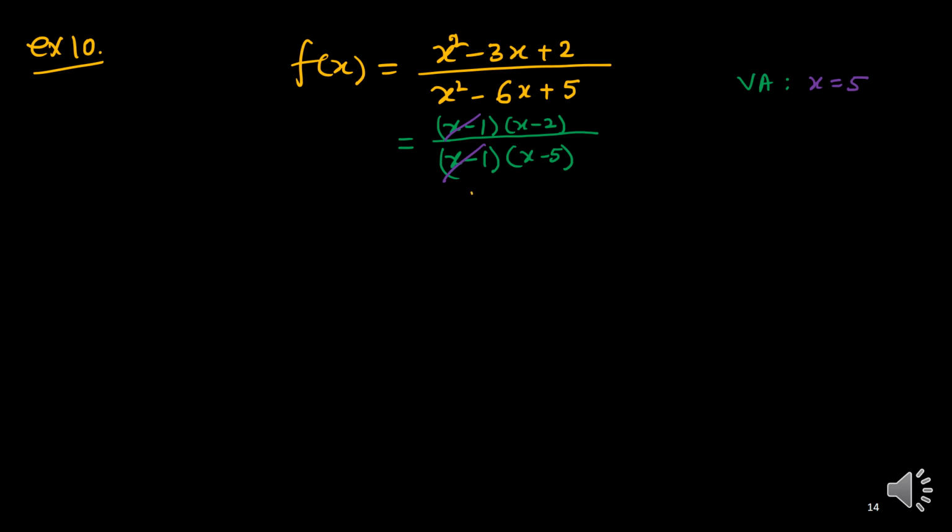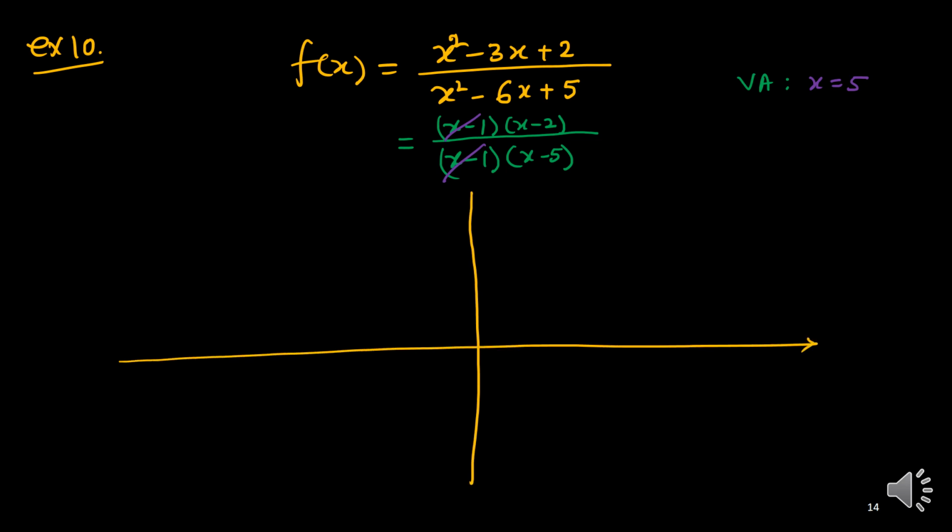So here is one trick. This is your x-axis. Now I will consider these 2 points, x equal to 5 and x equal to 2. These two are sufficient. And we have one vertical asymptote at 5 only.